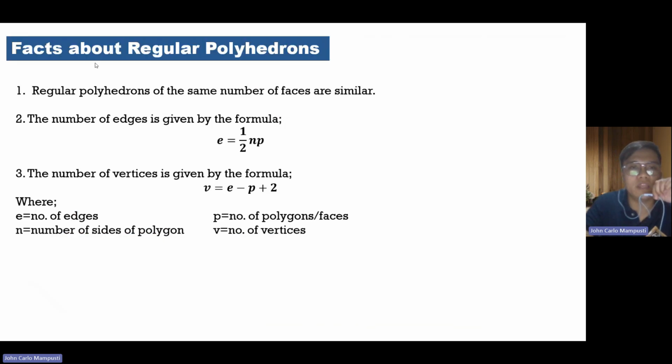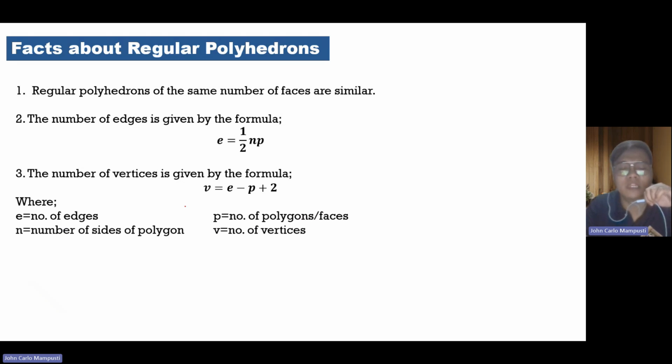So, facts about regular polyhedron. Regular polyhedron of the same number of faces are similar. So, which is yung diniscuss ko kanina. So the number of edges is given by the formula E, which is the number of edges, equal to 1/2 times N, which is the number of sides of polygon, and P, which is the number of polygons or number ng faces natin.